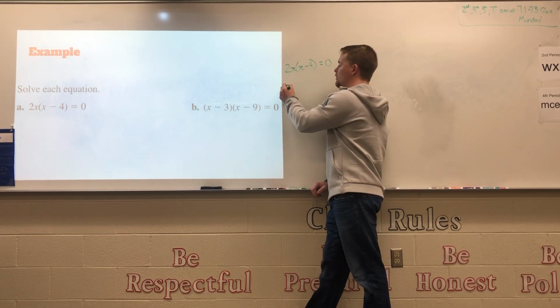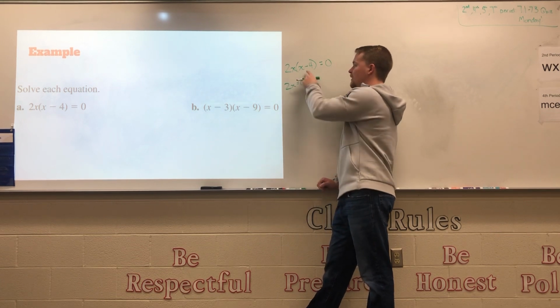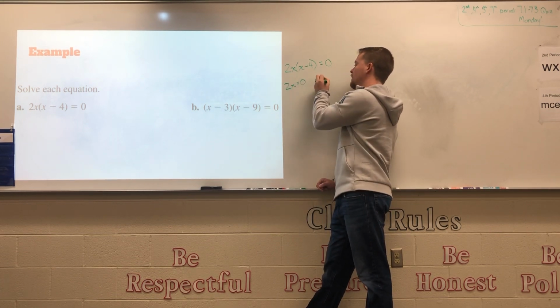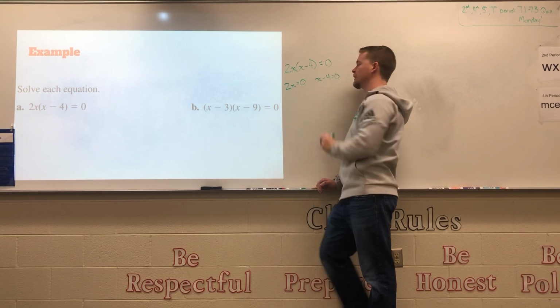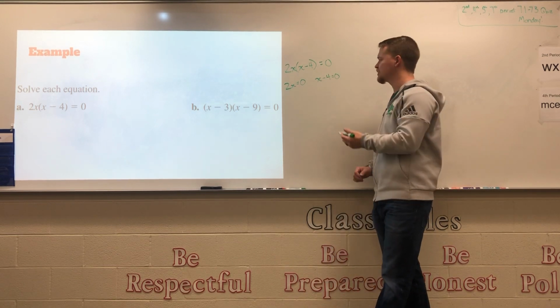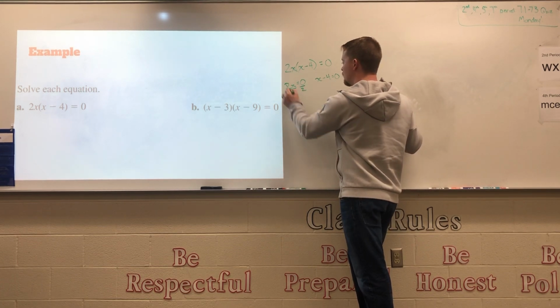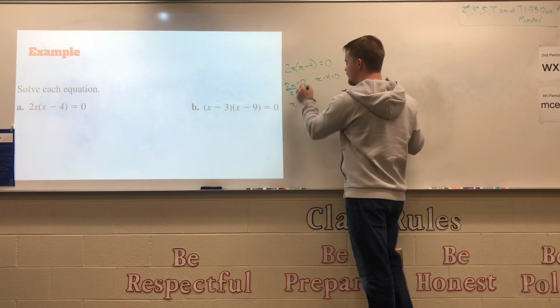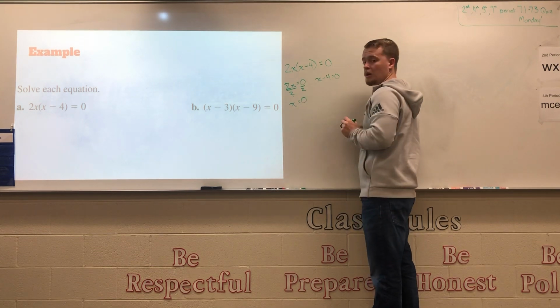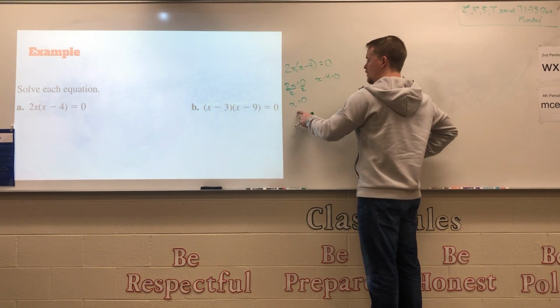So the first one will look like this, 2x equals 0. And the next one will be x minus 4 equals 0. And then you're just solving for x. So here, we divide by 2, and 0 divided by 2 is just 0. So our first solution is 0.